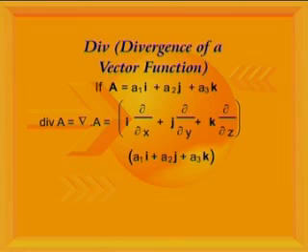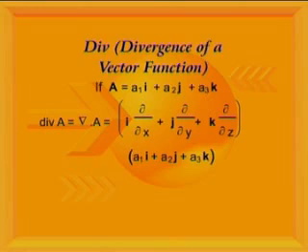If the vector function A is equal to a1i plus a2j plus a3k, where a1, a2, a3 are functions of x, y, z, then del dot A is equal to this operator, which is a vector, multiplied by this vector a1i plus a2j plus a3k, and this is a dot product.